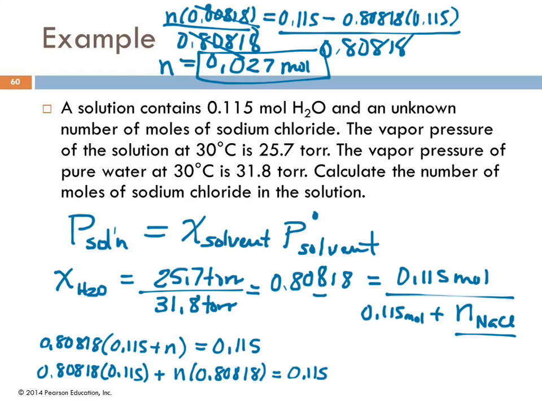That equals sodium ions and chloride ions, but we're asked for moles of sodium chloride. So there's a factor of 2 involved here. Do we divide by 2 or multiply by 2? Got a vote for each. Well, let's divide by 2.